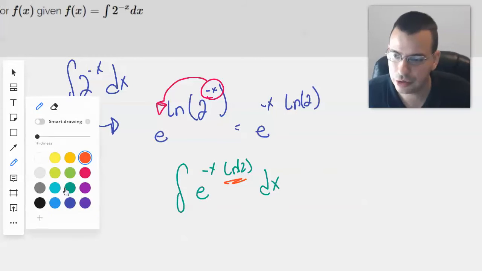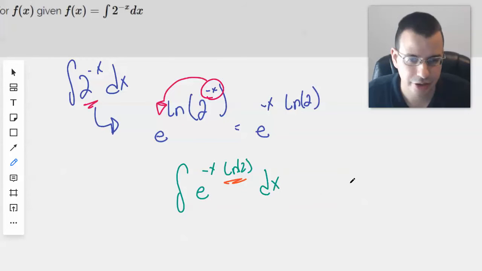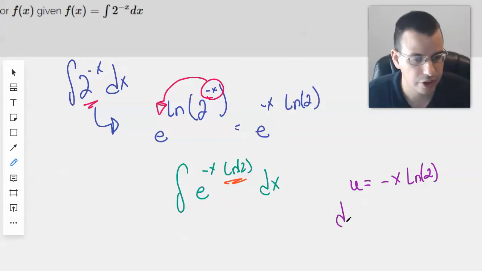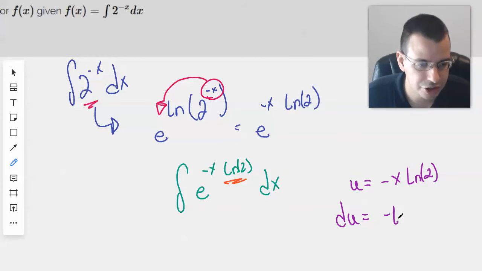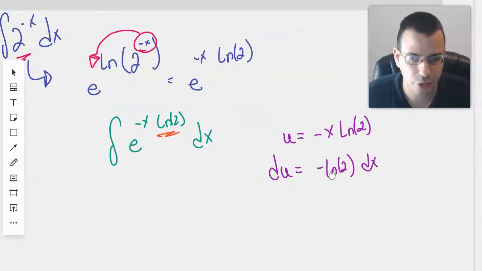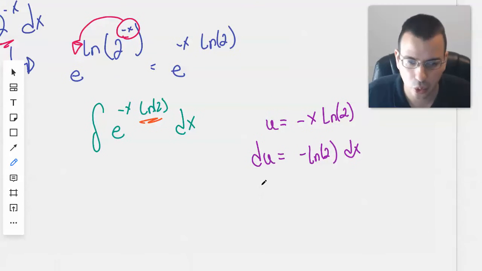And so what we're going to do then is u equals negative x natural log of 2. Du then is negative natural log of 2 dx. And we have 1 over negative natural log of 2 equals dx.